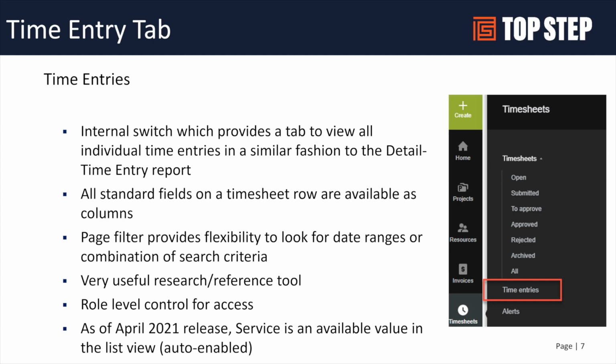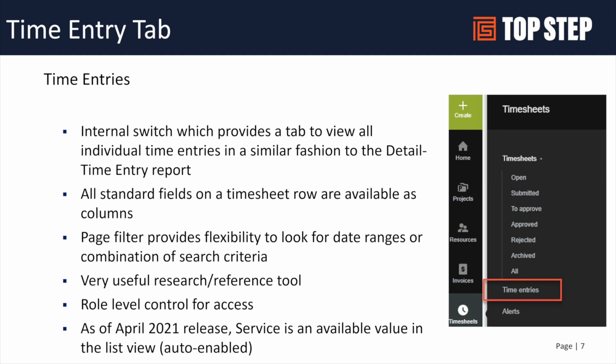You can filter by customer, by date, by user, by time type, by service as well. So all the different standard fields are available in the time entries. And you can set up advanced filters to look for date ranges. It's a very quick way to say how much time was spent on this project by this user, questions that normally you'd have to go to a report for. Whereas here you can just drill in.